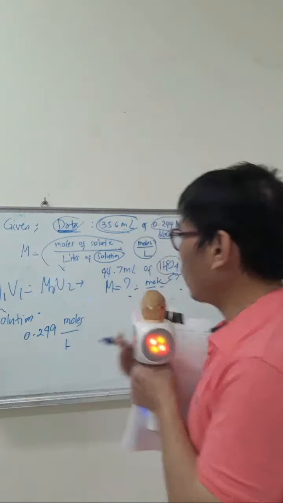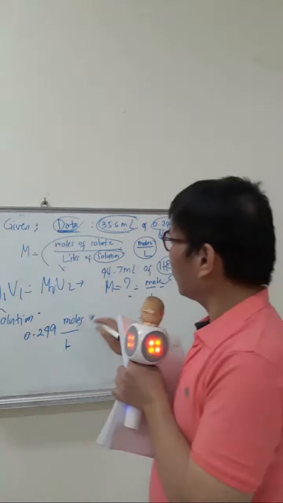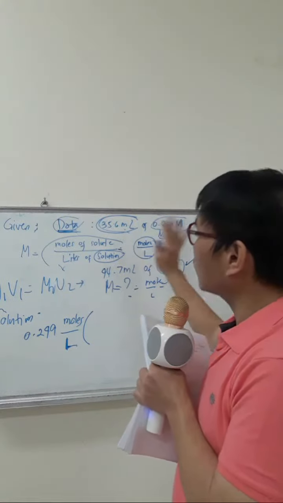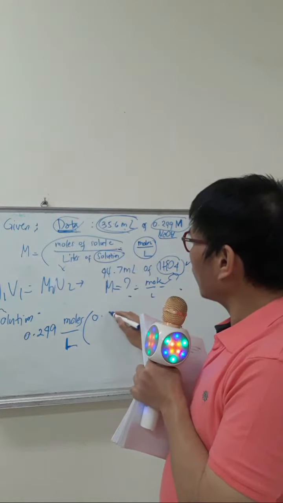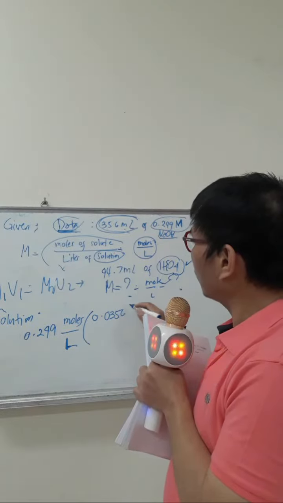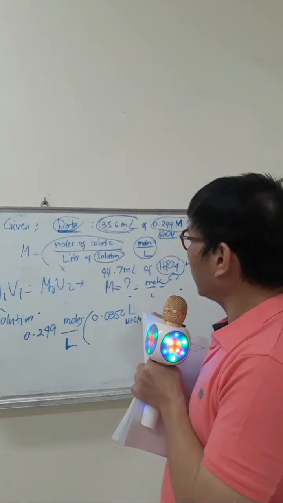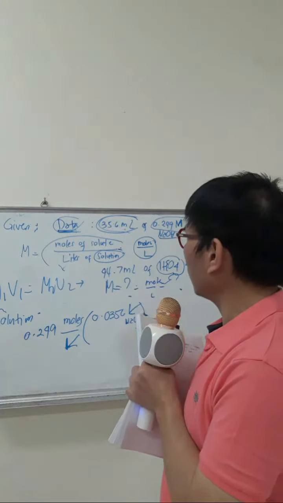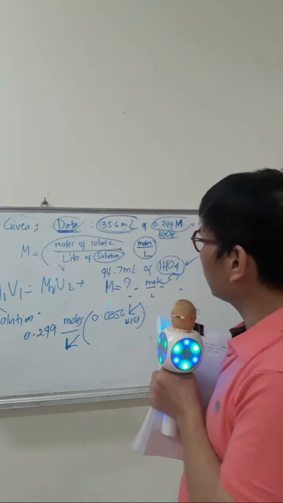Now, you have to convert that one, because you have the liter already solved, 0.0356 liter of sodium hydroxide. Now the liter will be cancelled, and we still have the mole of sodium hydroxide.